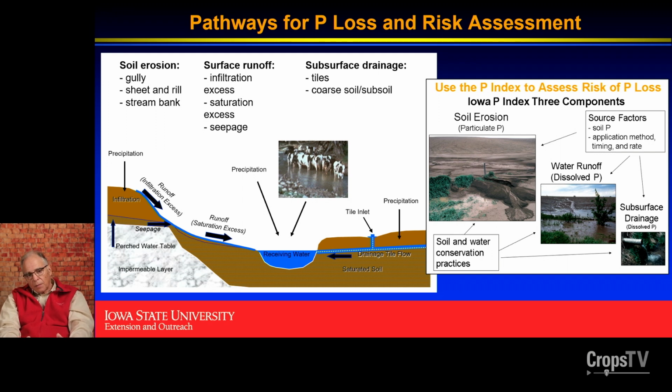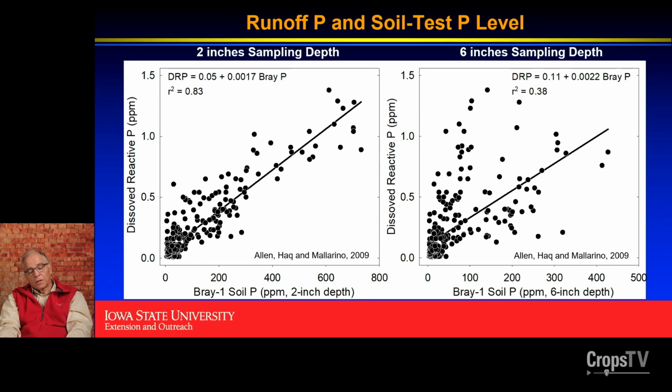Because if somebody's interested in maintaining good water quality, the soil test P and the application rate are not enough. We need to consider erosion. We have some phosphorus levels in the field, we have such an application rate. Is that phosphorus going anywhere? What is the slope? What is the erosion? All these things. So we need to use the phosphorus index.